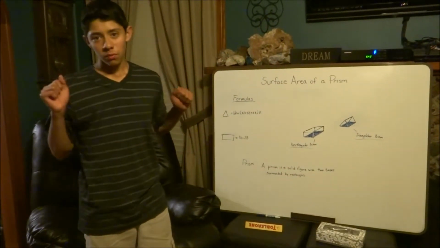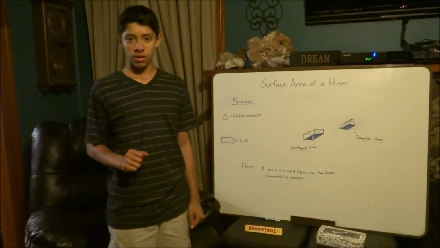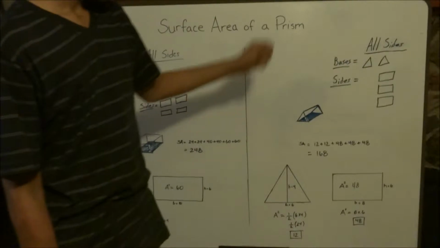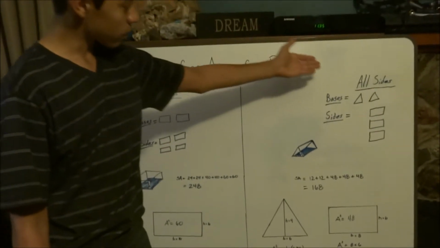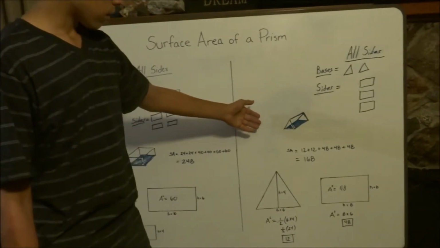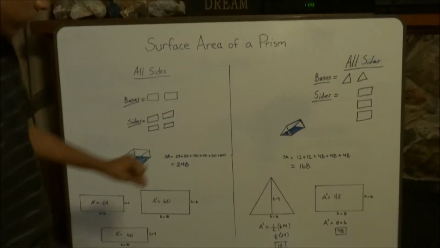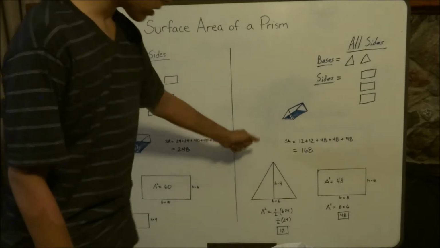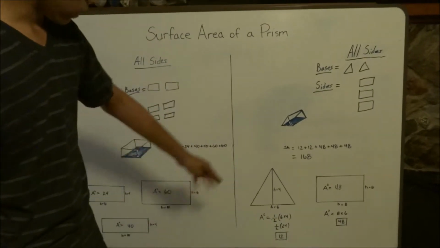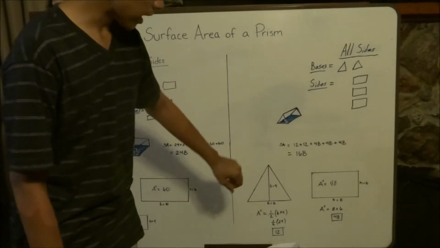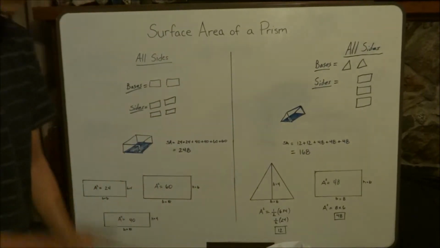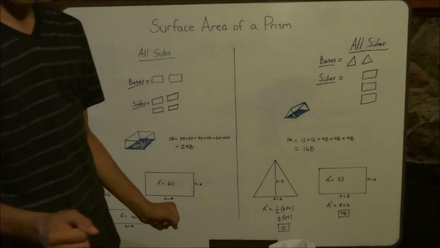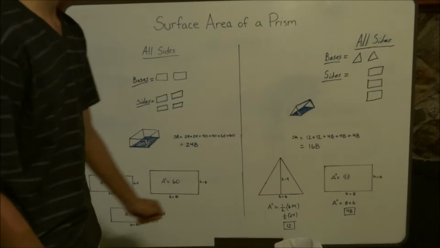Okay, so now that we know what a prism is, let's get started. As you can see, these are the sides of this prism. As I mentioned in my method, you find the area of each side and add them all together. So right now we're going to find the area of each side.